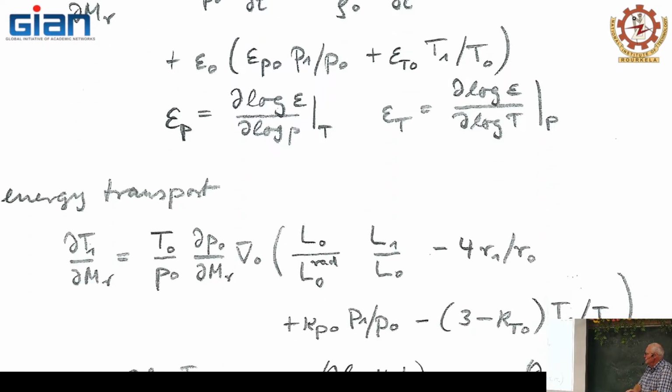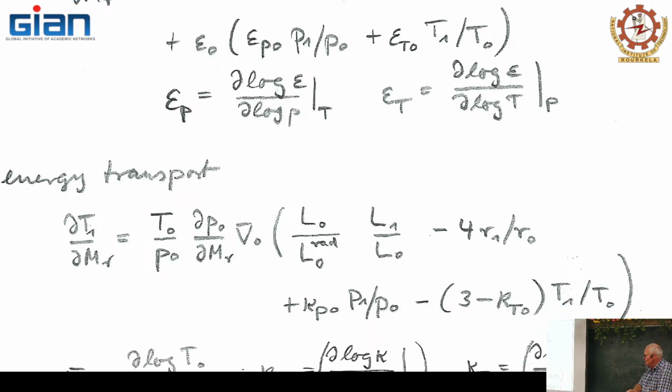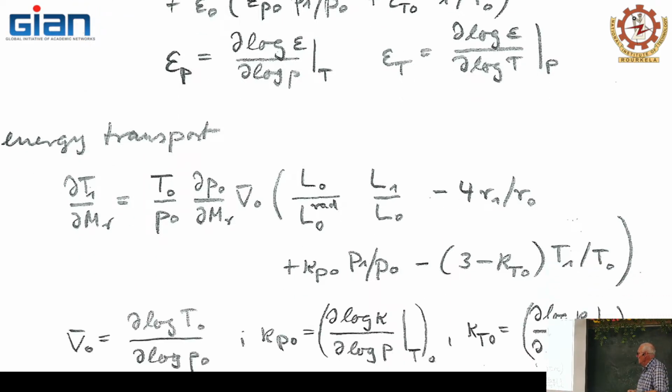Well, energy transport, that's the most complicated version of this equation. On the left-hand side, we have to linearize the temperature gradient. On the right-hand side, we have one term, which is essentially the diffusion coefficient.